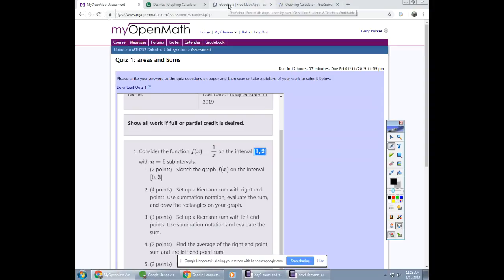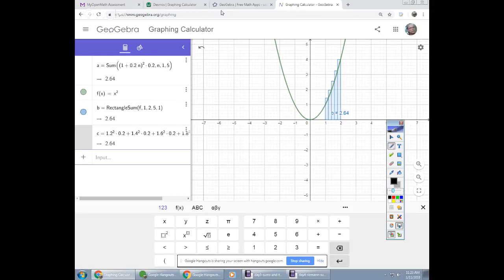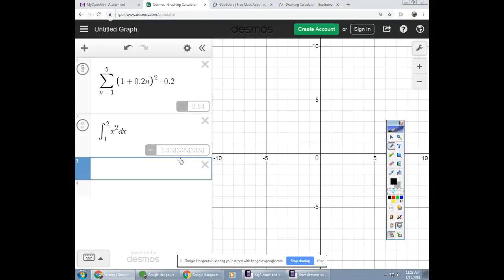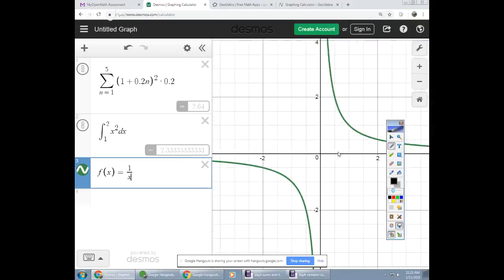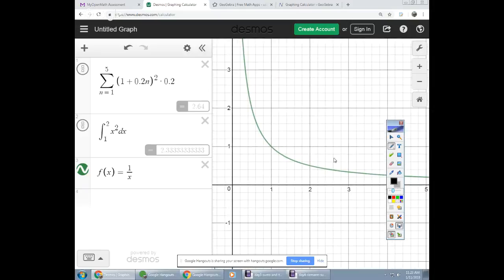So my fear was that if I didn't say only graph from 0 to 3, that you would whip out your graphing calculator and you would type f of x equals 1 over x, the function I asked you to graph, and you would draw all of this for me, and then you just have this little tiny space to draw in your rectangles there, right? Which would make it illegible. So I wanted you to zoom in just on this region right here.